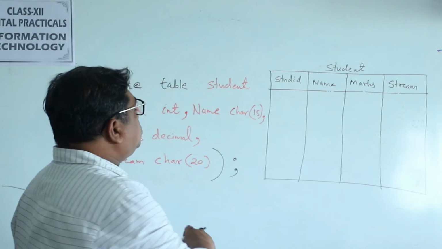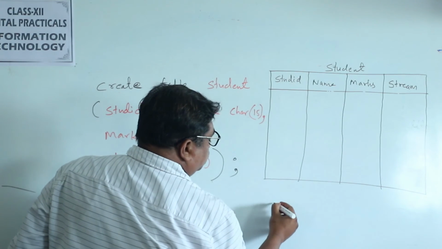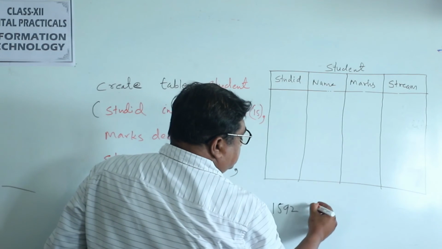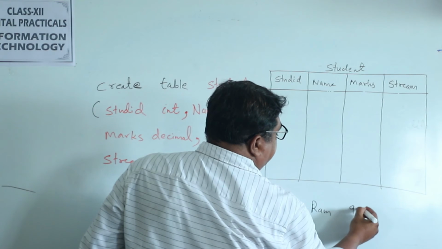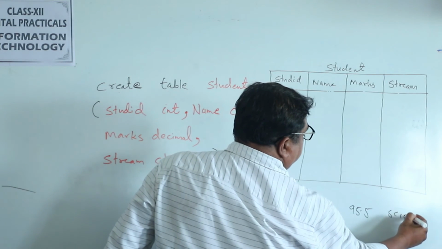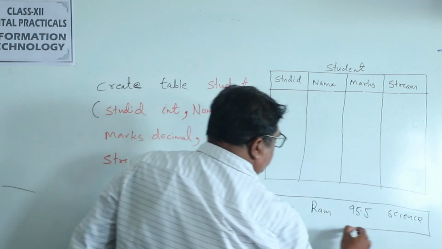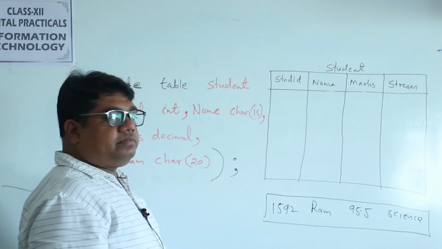Suppose I want to insert data, suppose student ID as 1592, name as Ram, and marks as 95.5, and stream as science. I want to enter this row or add these rows to this table with the following data.